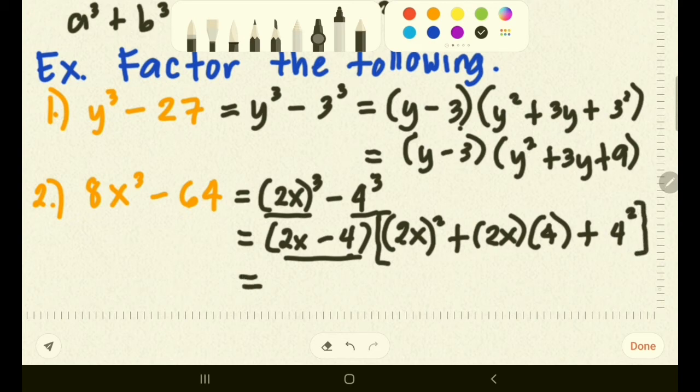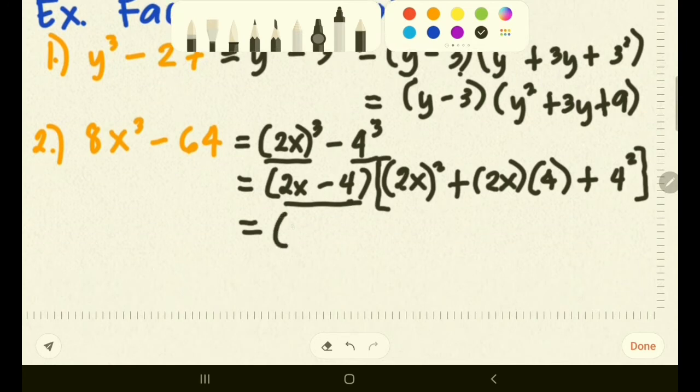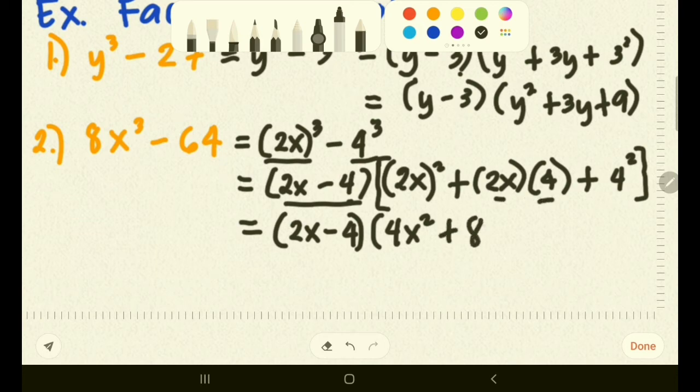And then you simplify. So you have 2x minus 4 times the quantity of, what is the square of 2x? That is 4x squared. Then multiply 2x and 4. That is 8x. Plus the square of 4, that is 16. So the factors of 8x cubed minus 64 are 2x minus 4 and the trinomial 4x squared plus 8x plus 16.